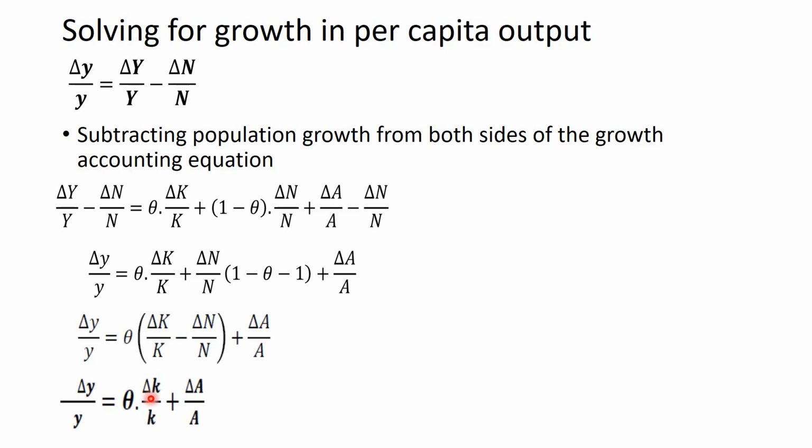So we can substitute that in here. And what we then can see is that in per capita terms, the growth in per capita output depends on the share of capital in total output growth, as well as the growth in capital per person and technological change.